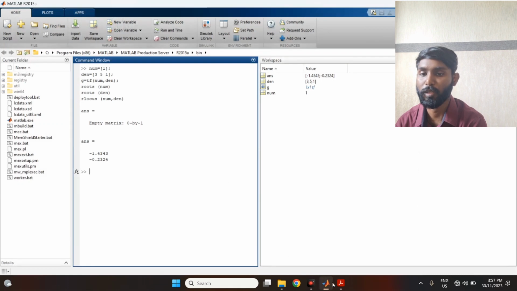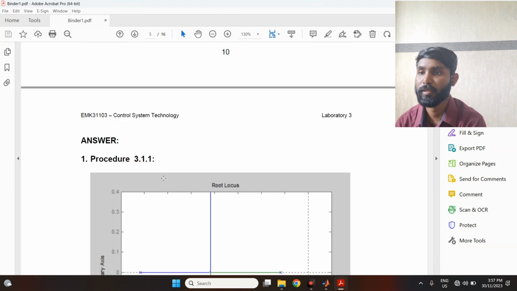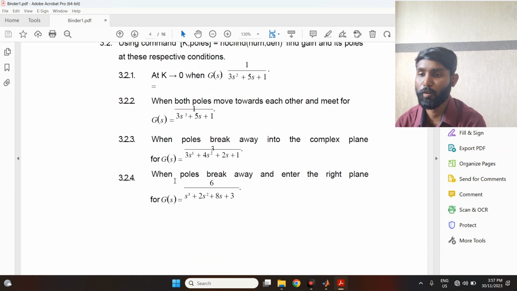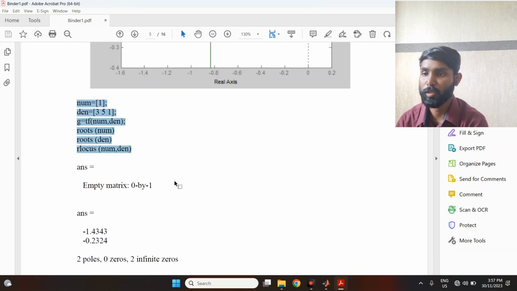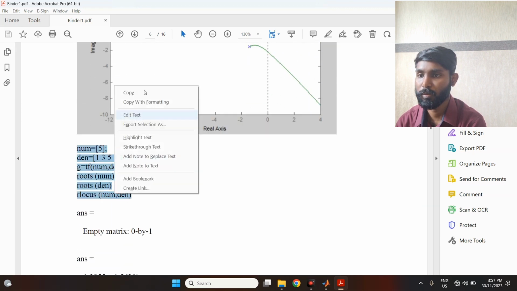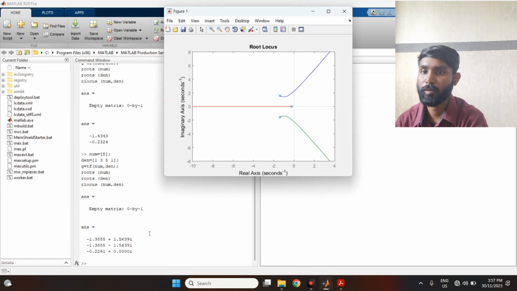Now let's go on to the second one, 3.1.2. The numerator is 5, and the denominator is s cubed plus 3s squared plus 5s plus 1. If you convert this into the code, this is the root locus.